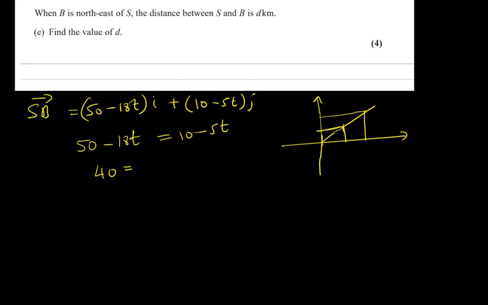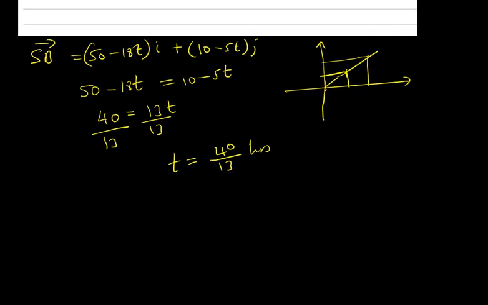Divide both sides by 13, and then at time t equals 40 over 13 hours, that's when B is in the northeast of S. And therefore, to get that particular distance, we are going to substitute t in the SB equation here.